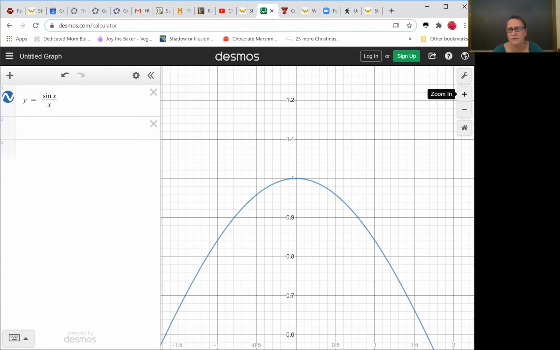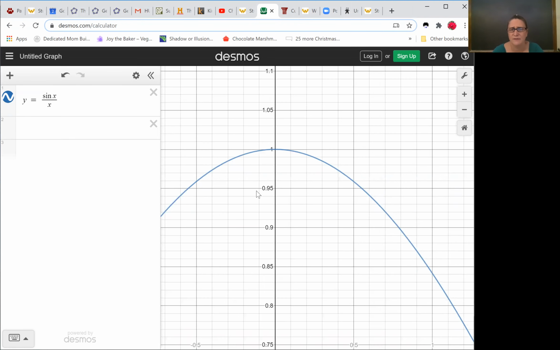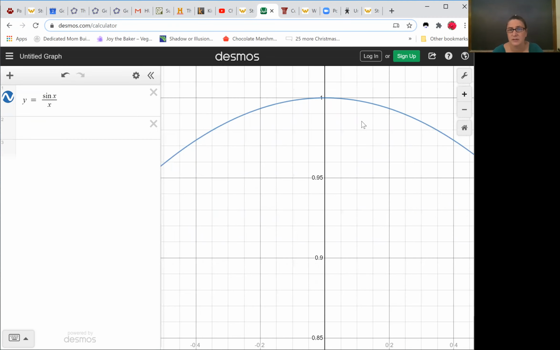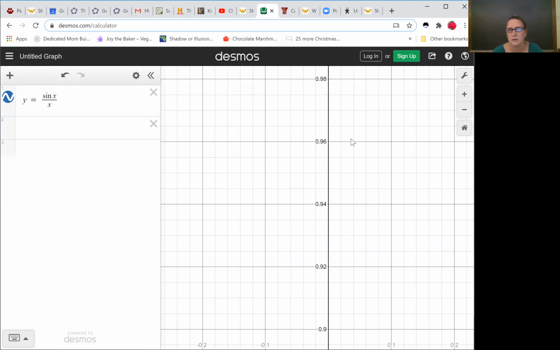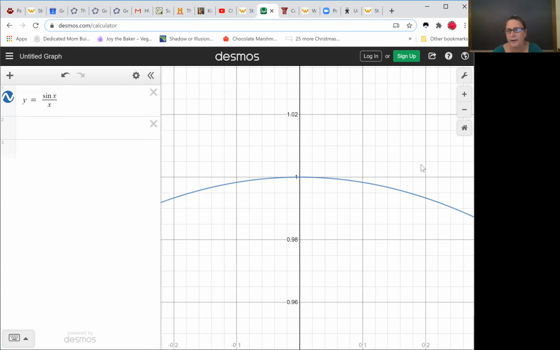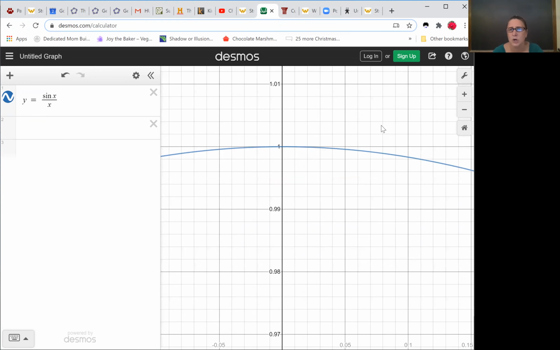Your book sort of does this, but they do it with a table of values. They go really, really small numbers. So for sure, it's never going to put your hole there, but these are very small values. And as close as I like, it sure looks like it's going to 1.